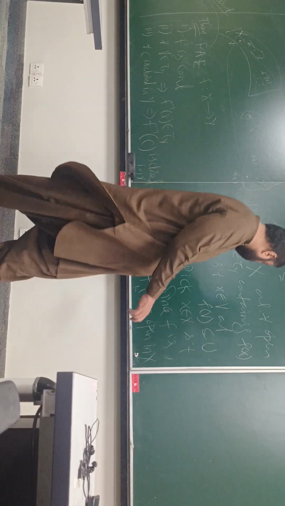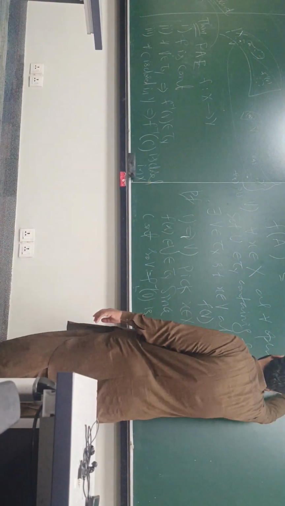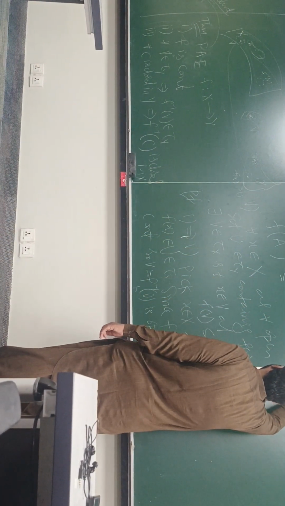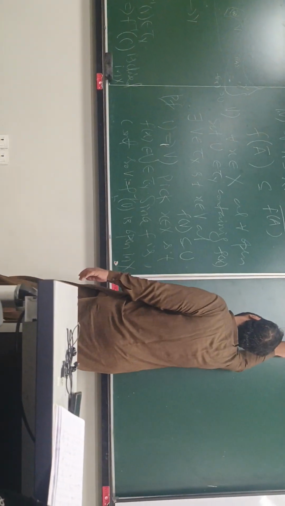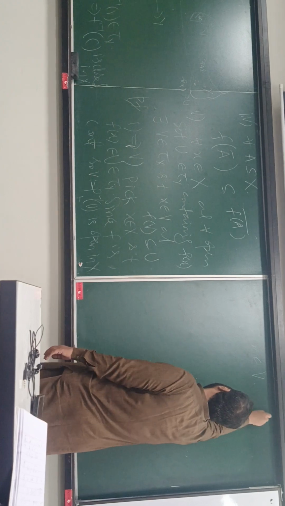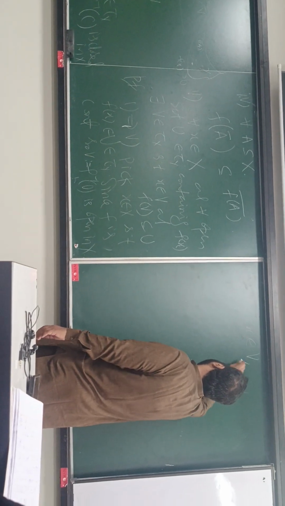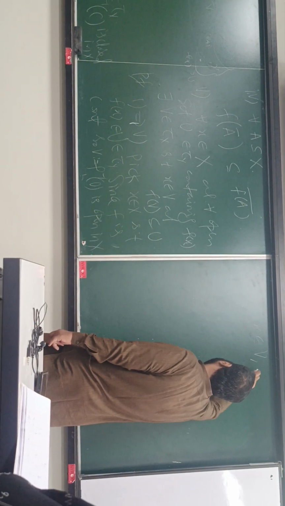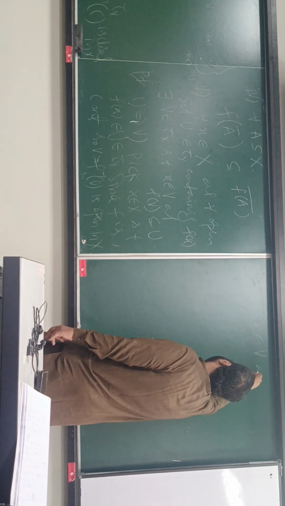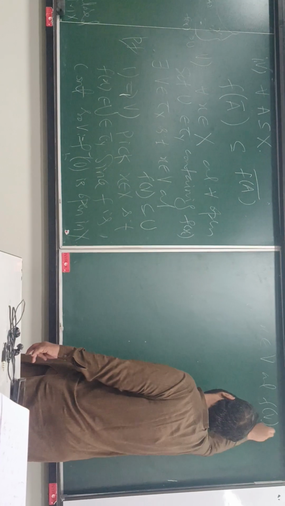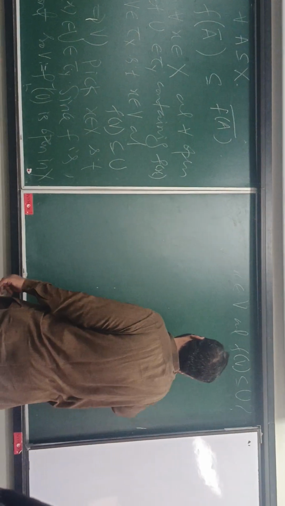That's one thing. दूसरी चीज, अब सिर्फ साबित क्या करना है? Next, x is inside v, so we just need to show that f of v is a subset of u. Actually, the question is why.